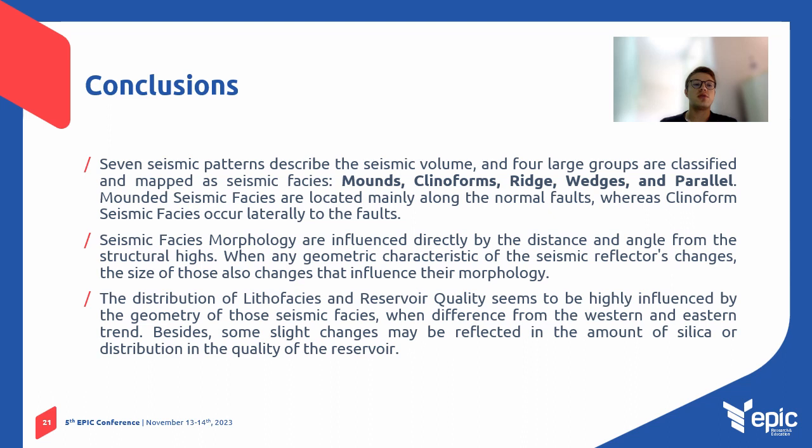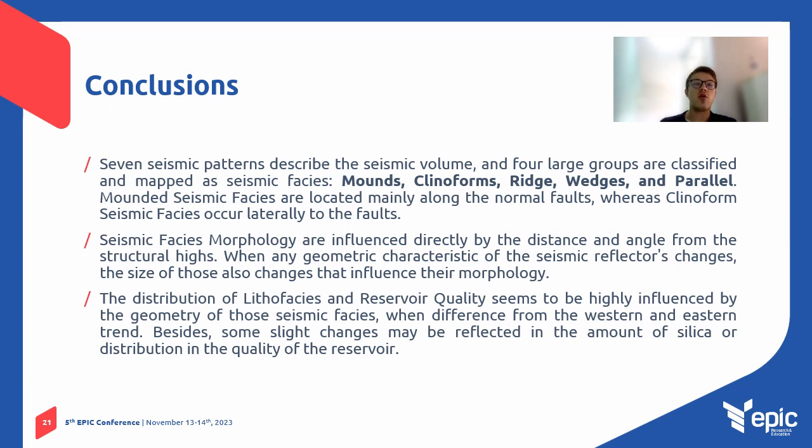As a conclusion, we differentiate 7 seismic facies. 4 of them were mapped: the mound, the clinoform, the ridge, the wedge, and the parallel seismic facies. The most common are the mound facies and the clinoform facies, which are associated with the structural highs and the folds in the field.